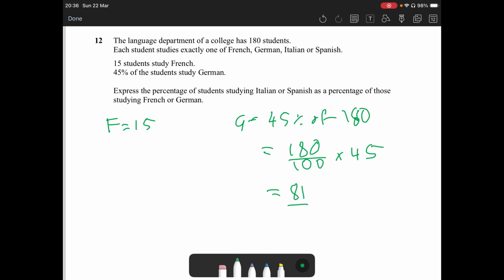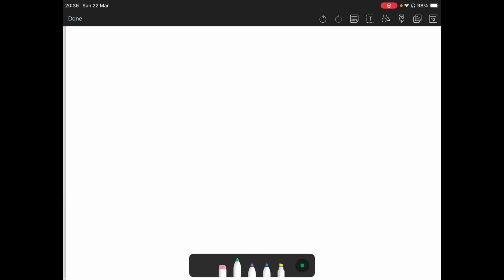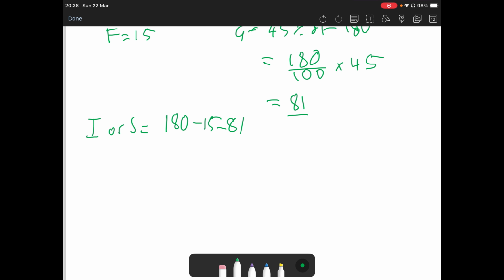So think of it, the Italian or Spanish is going to be 180. Take away these two numbers, take away your French speakers and your German speakers. So if I do 180, take away 15 and take away 81, there's 84 students.